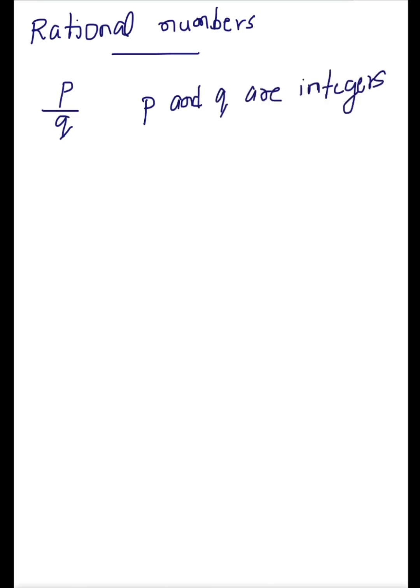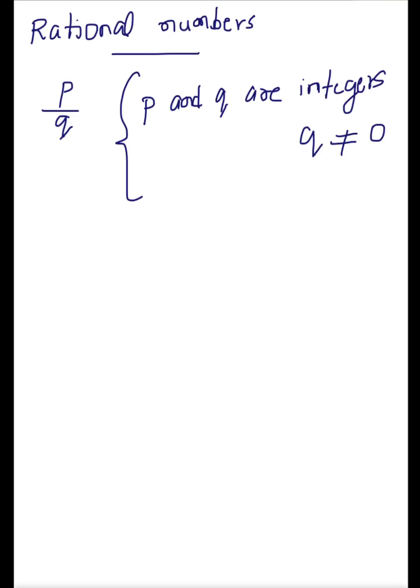The second condition is that Q should not be equal to 0. These are the two conditions. Such numbers are called rational numbers. Let's take an example.